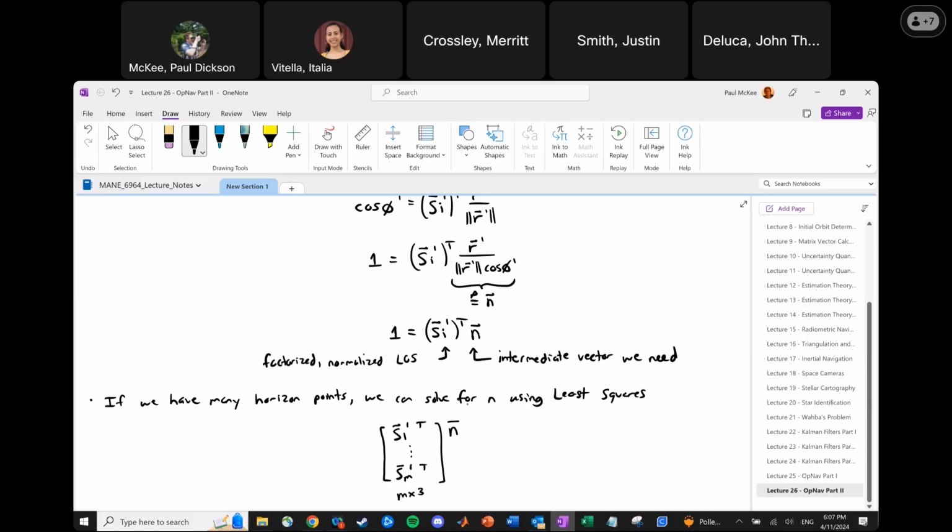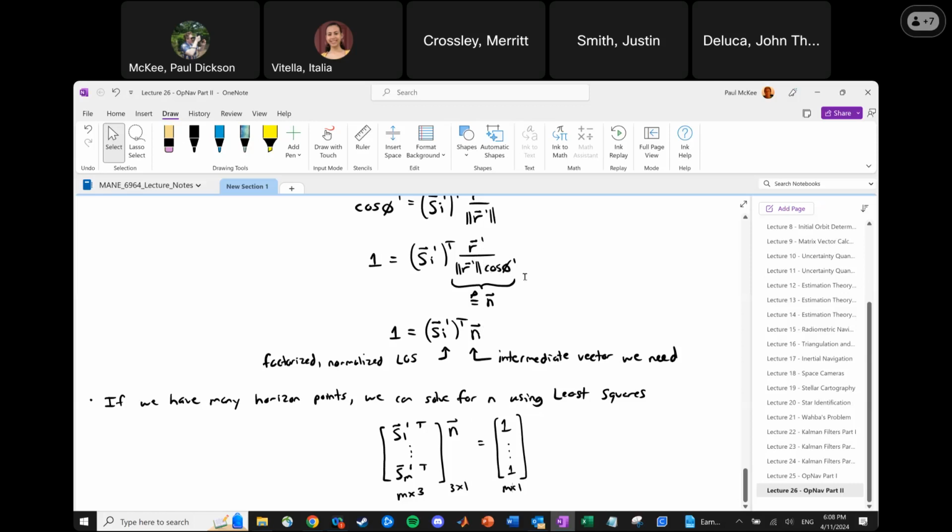That's going to multiply some vector n, which is a 3 by 1, to get an array of 1s, which is ultimately going to be M by 1. And so we know that we can solve this problem for n. Now we have n, and it's not n_i, the n corresponding to the ith point, it's just n. We now know the normalized position, also divided by the cosine of the angle.